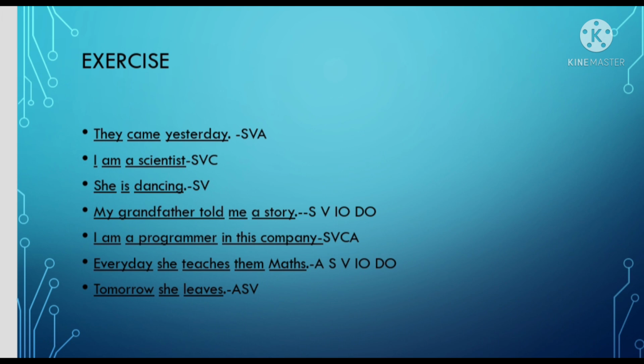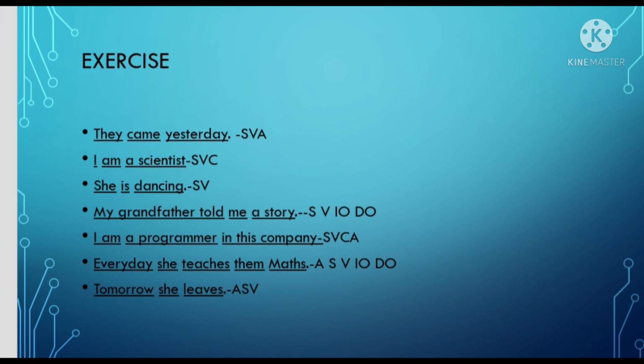Next, I am a programmer in this company. So I is the subject, am is the verb, a programmer is the complement. Where? It answers the question where. In the company is an adjunct. So even without the phrase in the company, the sentence is complete. So I am a programmer. So here in this company is an adjunct.